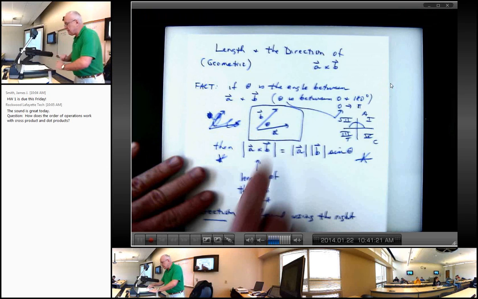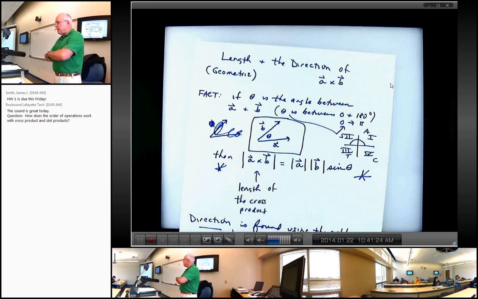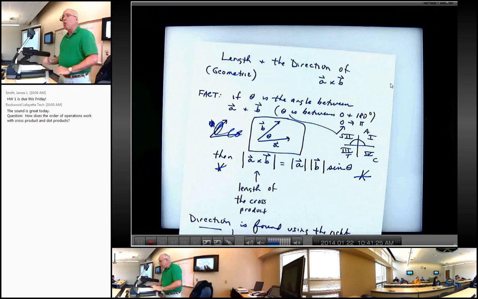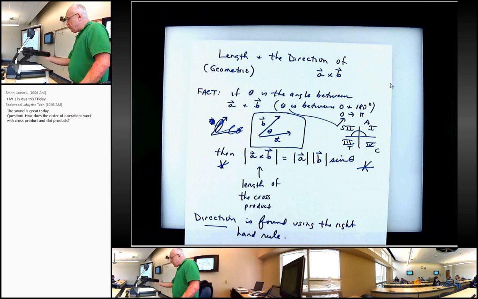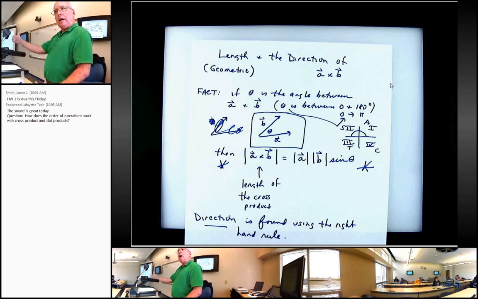Let's just say this is our configuration of A and B. And we're looking at A cross B. We have A, and then we're going A to B, and the cross product will come up out of the paper, all right? Because the angle between 0 and 180 degrees, we're going in that direction, so it goes up.